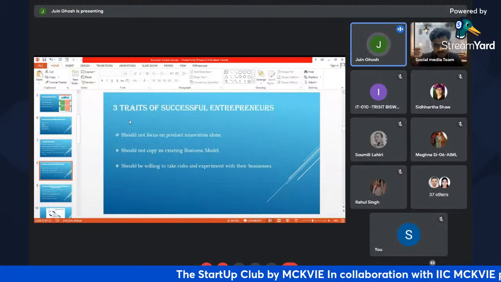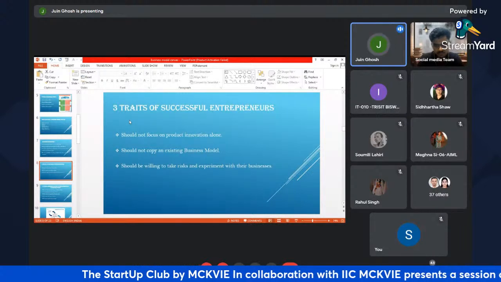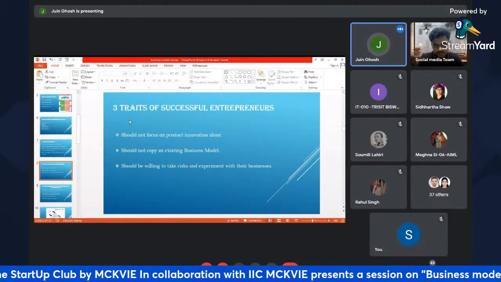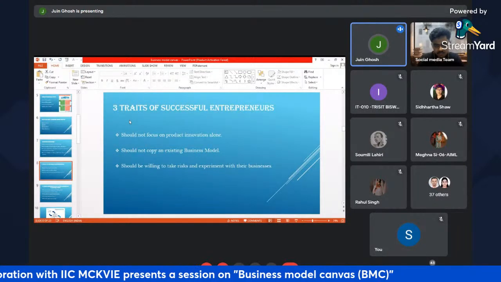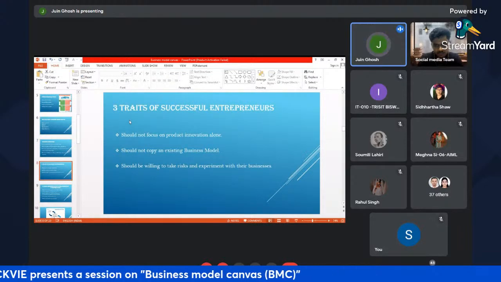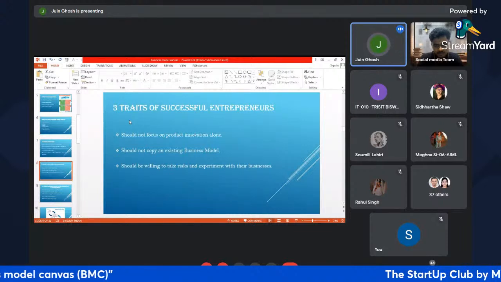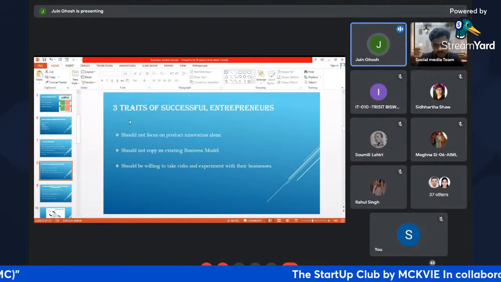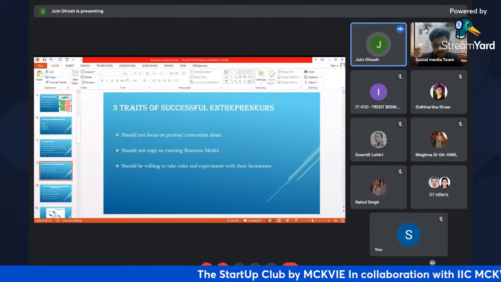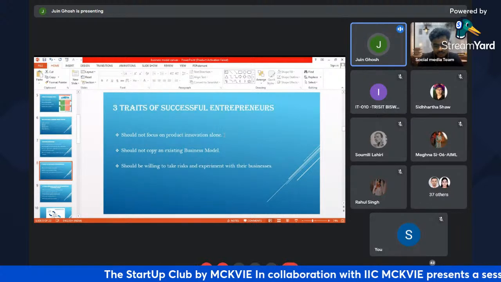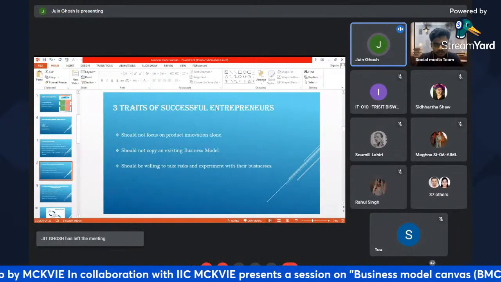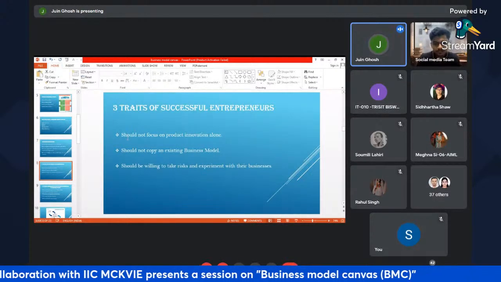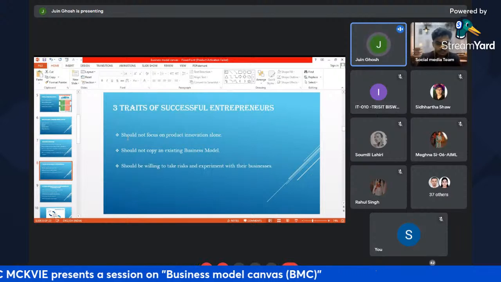No. If you go through Oxford Dictionary, you will find entrepreneurs are actually denoted as the people who can think out of the box, that is, who can implement innovative ideas for the overall growth of the company, right? So, should not focus on the product innovation alone.